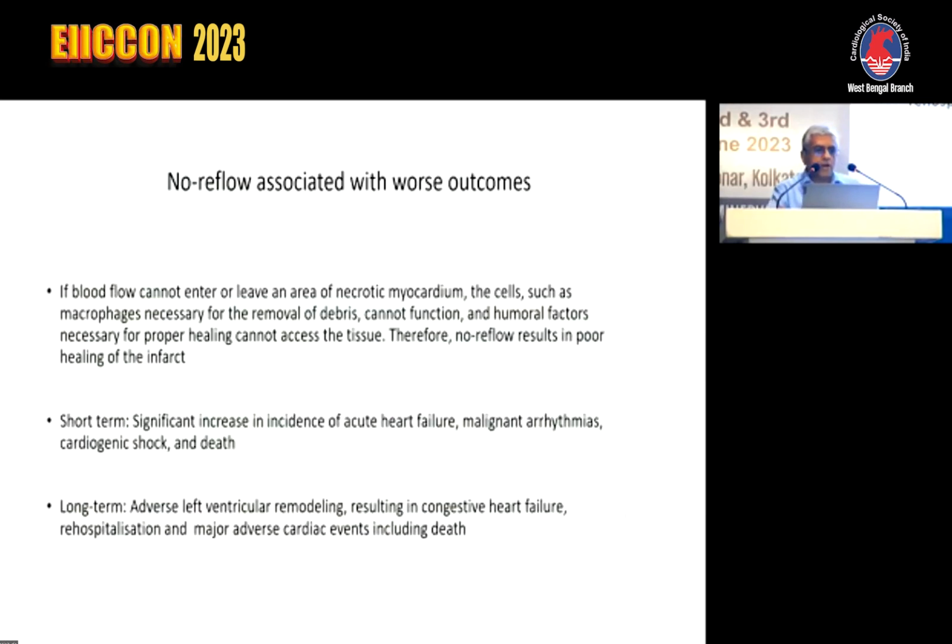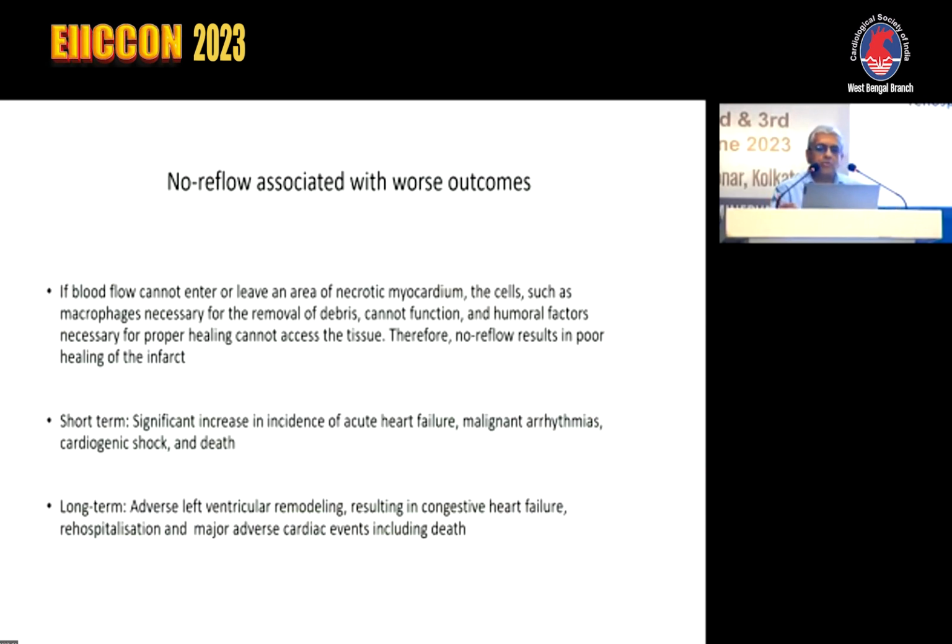Now, no reflow is not good for you. It's bad. It worsens the outcomes. So the mechanism perhaps is if blood flow cannot enter or leave an area of necrotic myocardium, then cells such as macrophages, which are actually necessary for removal of debris, cannot function, and the humoral factors necessary for proper healing cannot access the tissue.